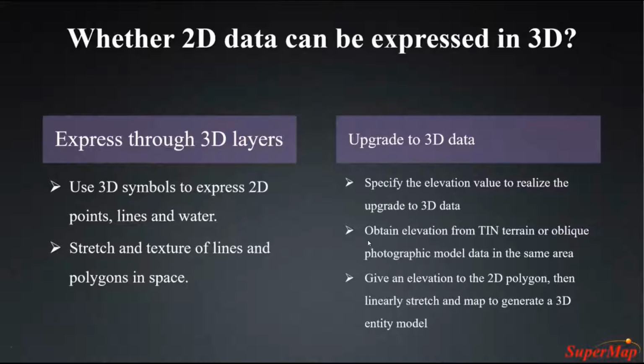The second method is to extract the elevation from the terrain data, from the DEM data, or the oblique photographic model data in the same area to enhance the 2D data.